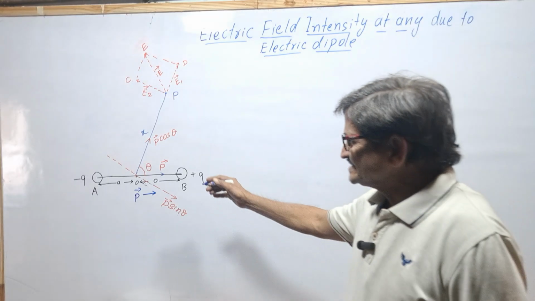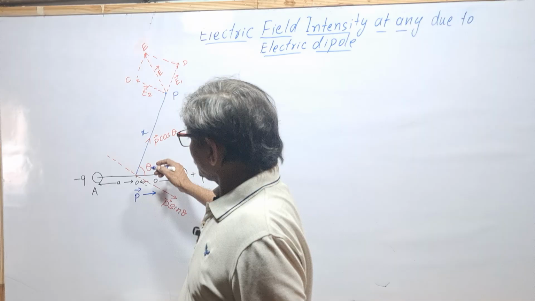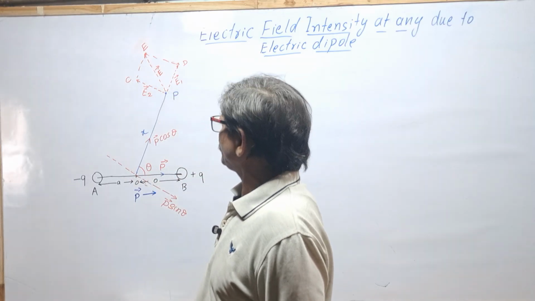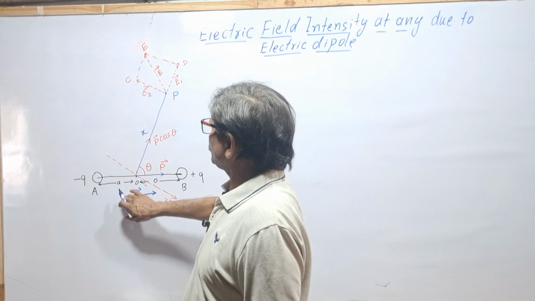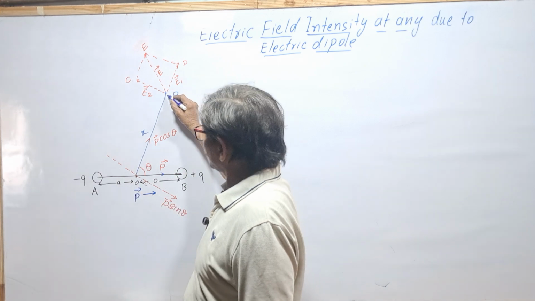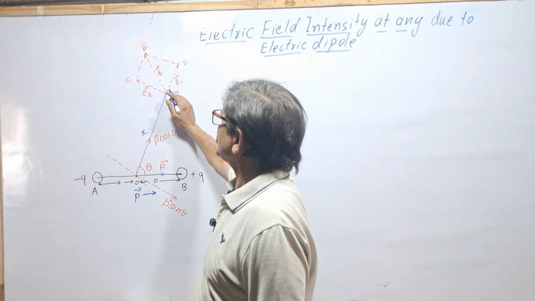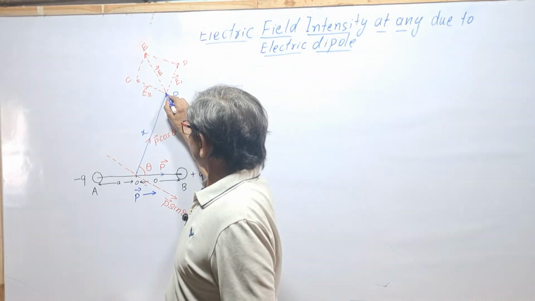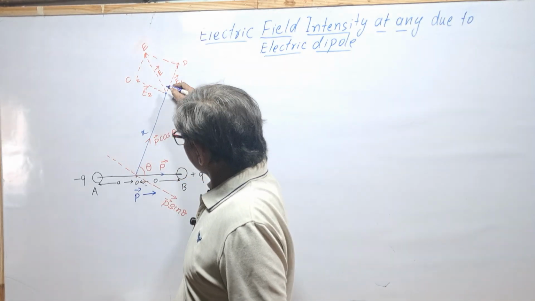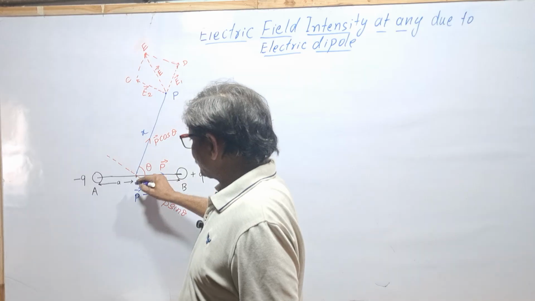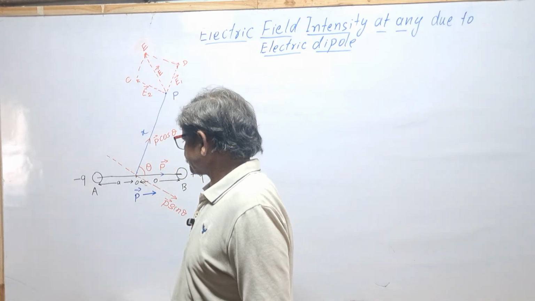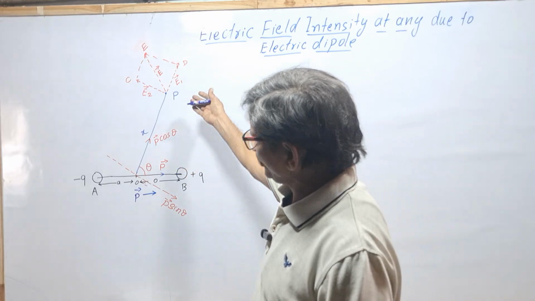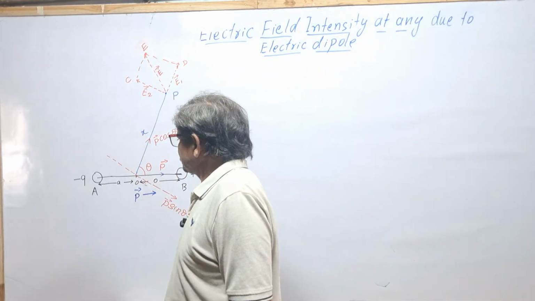For this dipole we are taking one point at any position, not axial and not equatorial. The distance of this point from the center of the dipole is x.